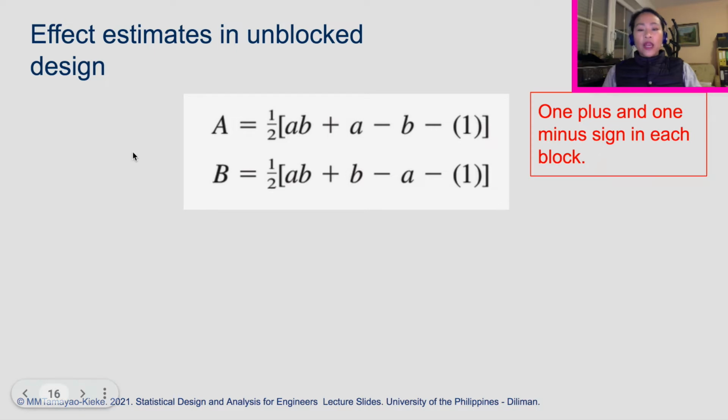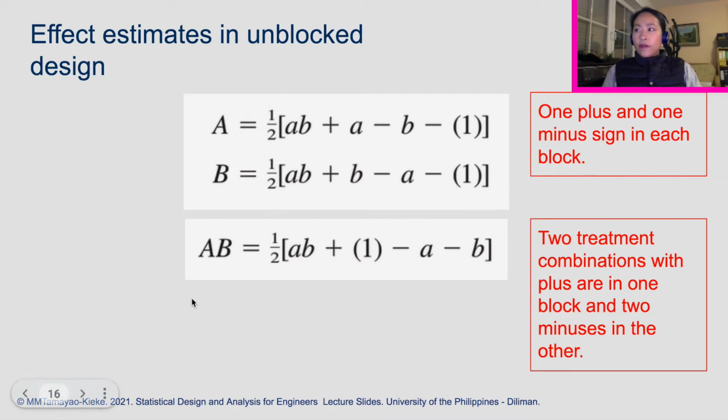Now, in the unblocked design, recall that these would be the equations that you would use for estimating the effects for the factorial experiment. And this is the equation for obtaining the interaction effect estimate.